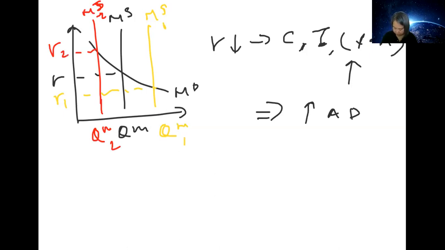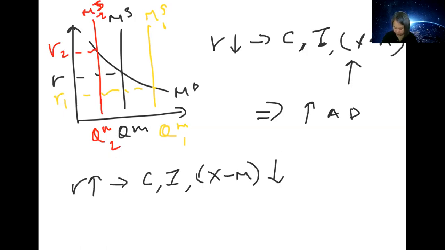And when interest rate goes up, the opposite is going to happen: you're going to see a decline in C, I, and net exports, which will then decrease AD. I just wanted to give you a bit of a causal relationship to see what will happen.